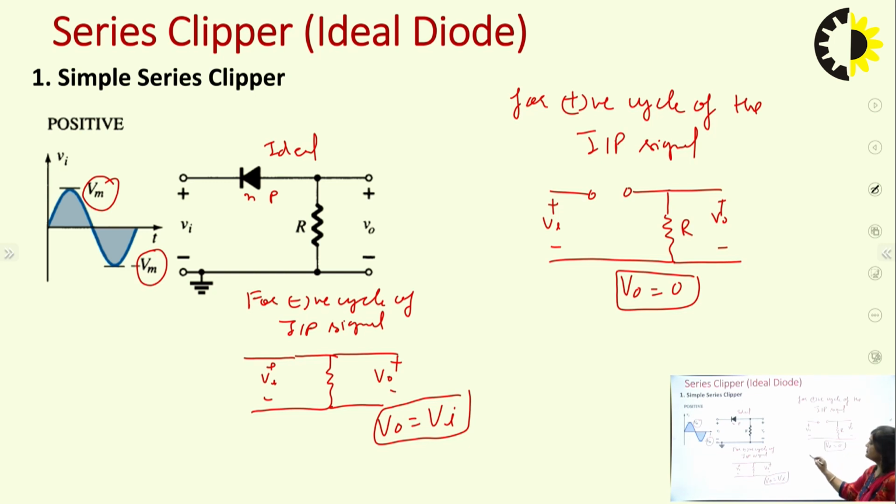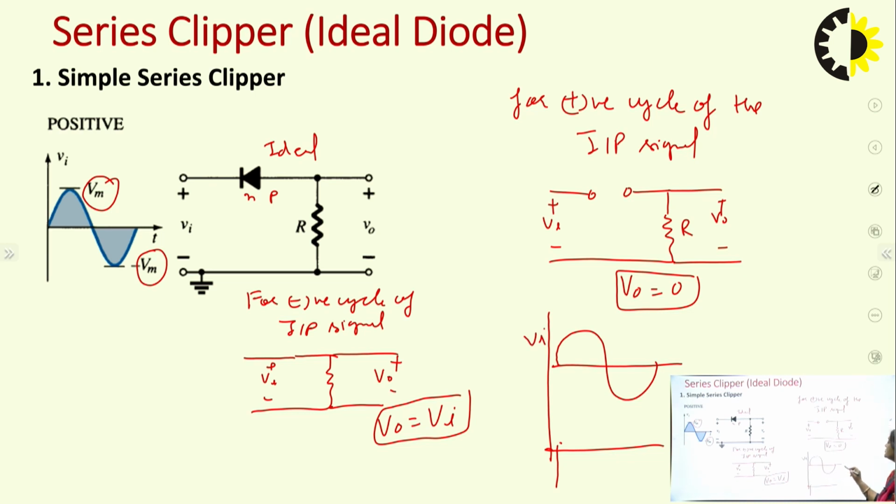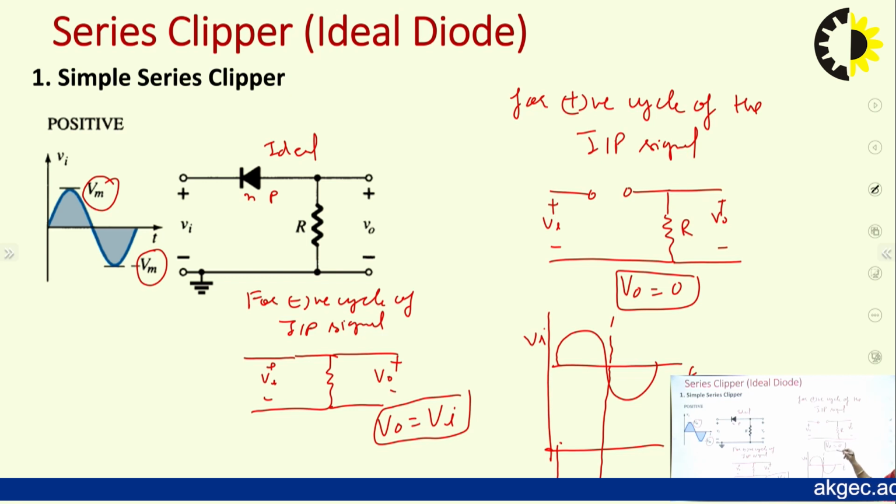If we draw the waveform, this is our input, and for the output we get only the negative cycle, and for the positive cycle the output is 0. This is our positive cycle and this is our negative cycle.